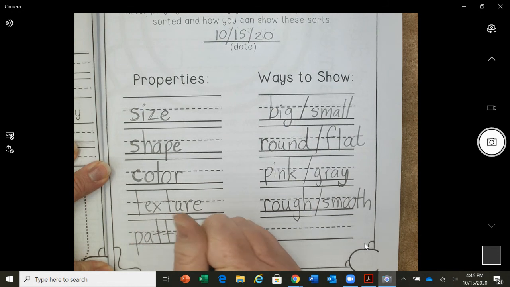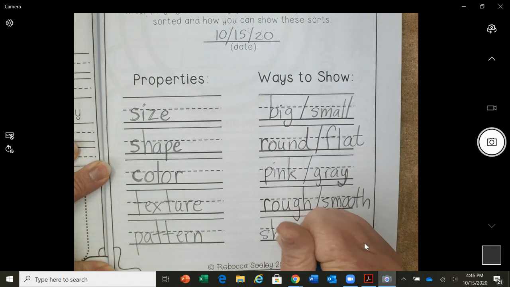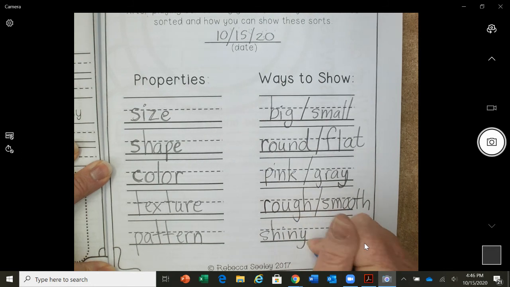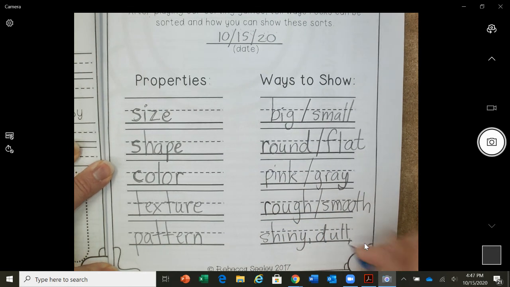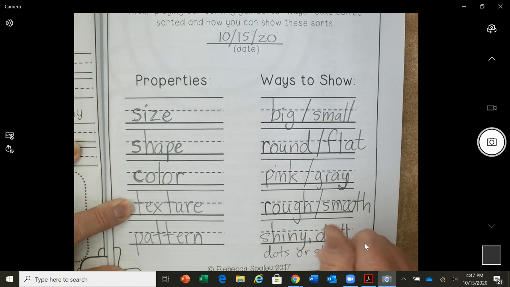So if the rock had a pattern, we talked about shiny, dull, and then we also talked about if it had dots or stripes.